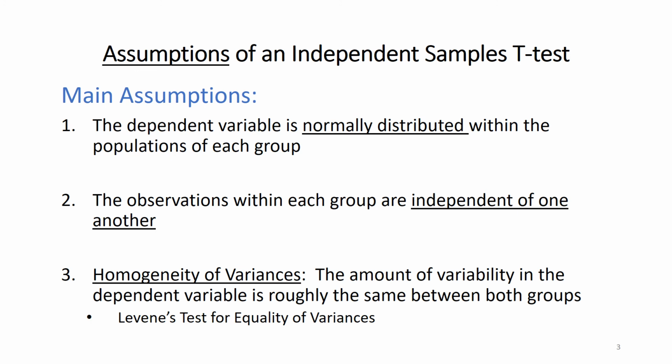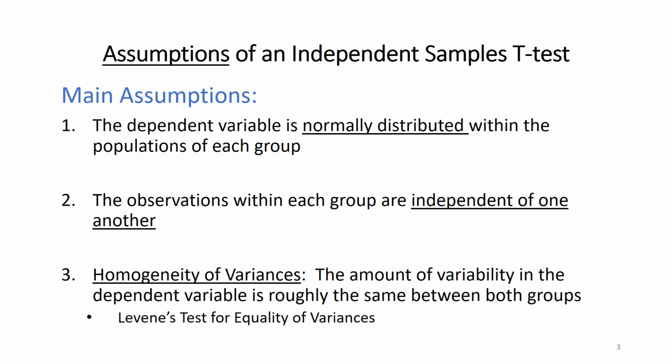Let's move down to the third assumption, because this one is extremely important for us statistically to pay attention to. Assumption number 3 is called homogeneity of variances. What the heck does that mean? It means that the amount of variability in the dependent variable is roughly the same between both groups.